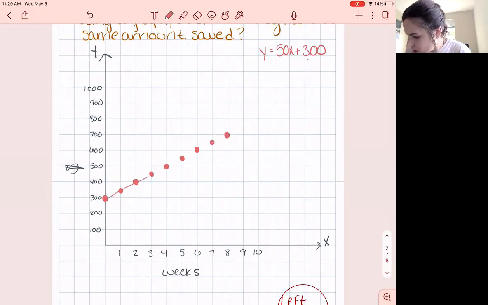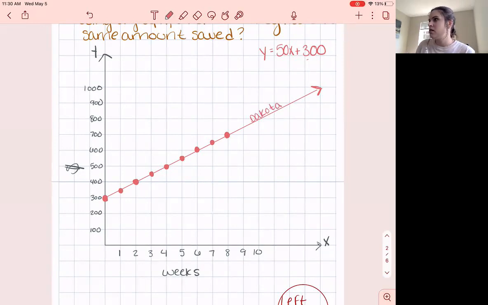And then we can go ahead, and this is why you all want to make your line nice and long, because we don't know where these are going to cross. We don't know how long it's going to need to be. So there's Dakota. There's her money.